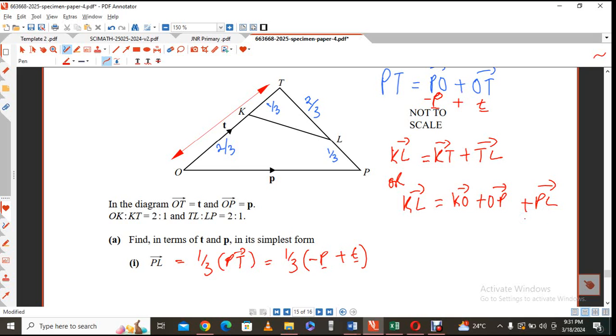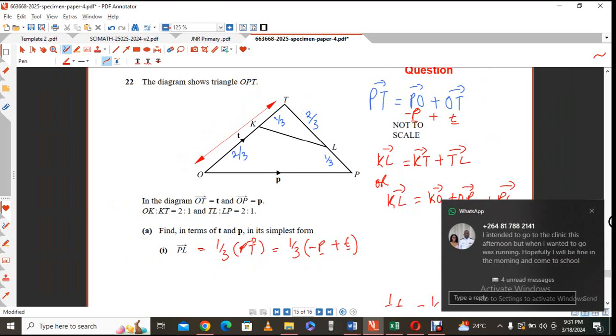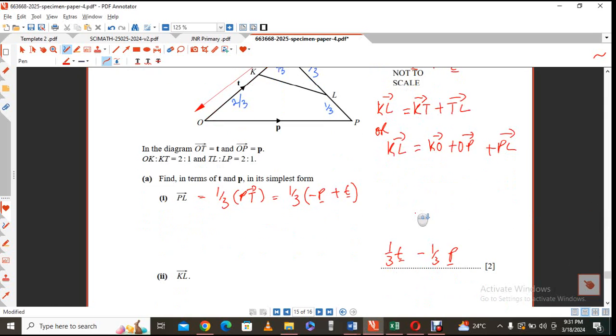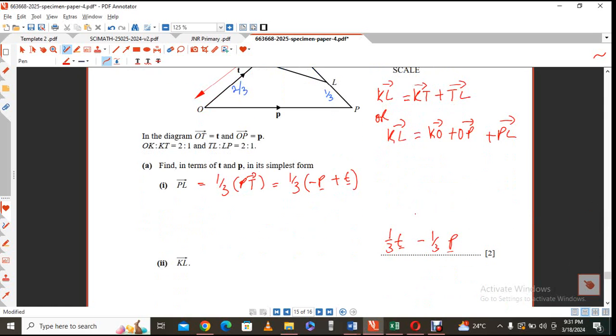So this is nothing but KO plus OP plus PL.